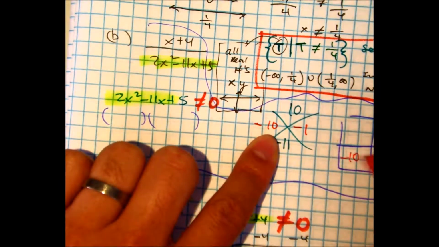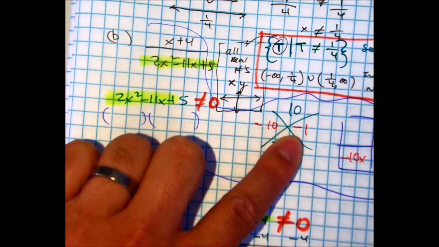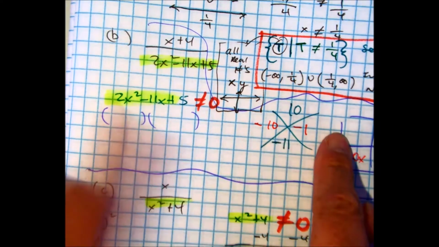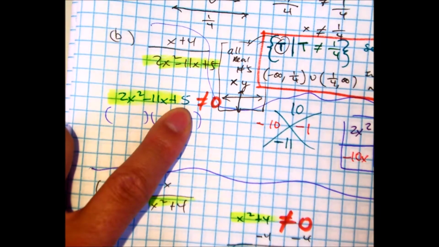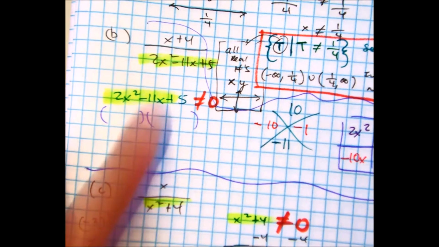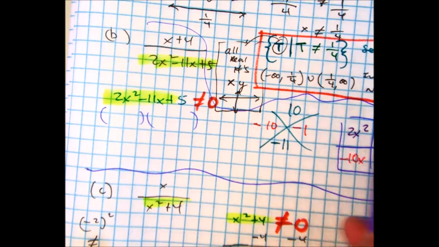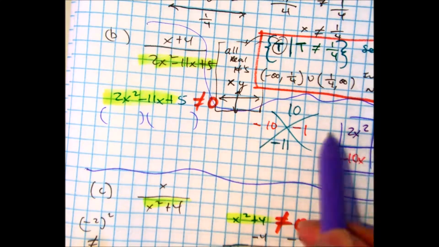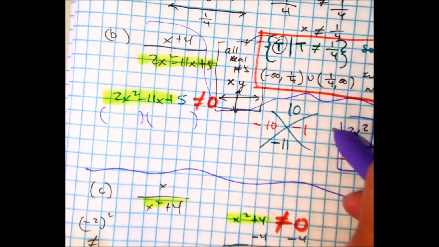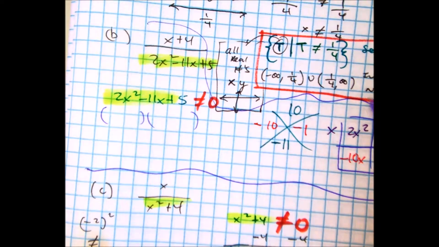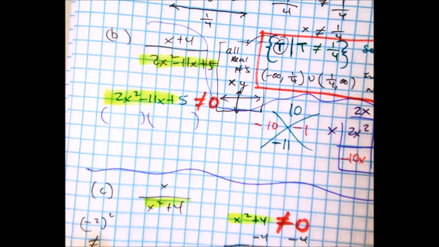Negative 10x, negative 1x, 2x squared, positive 5. Class, what's the greatest common factor? X. How about this direction? 2x. Okay.